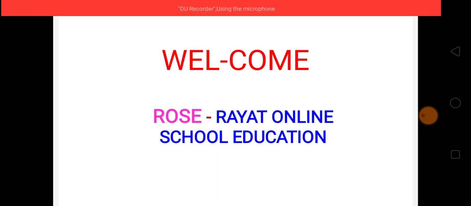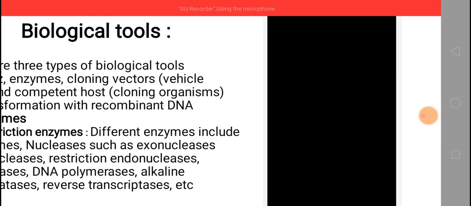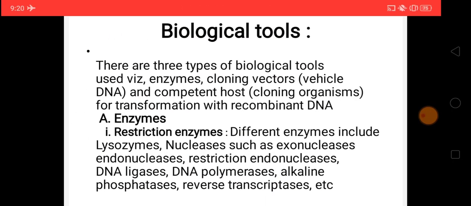Today we will discuss a new topic: biological tools. In the previous lecture we already studied the mechanism of polymerase chain reaction.